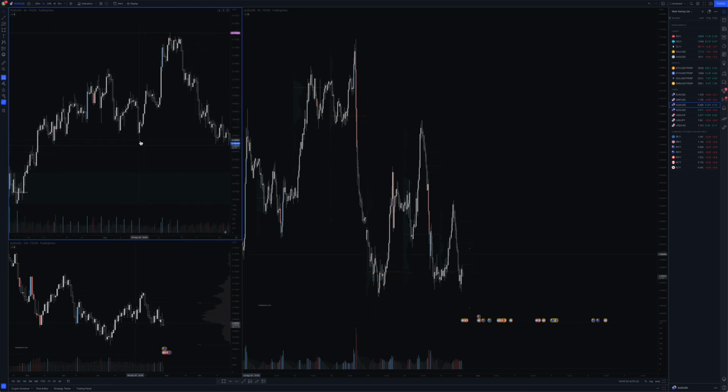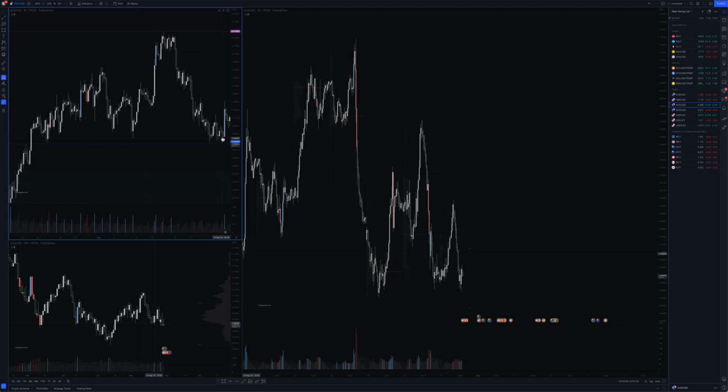You have this low right here. We are looking at the chart on the left. You have all these lows right here. This is a new weekly candle, and you have a candle that takes out basically all these lows.